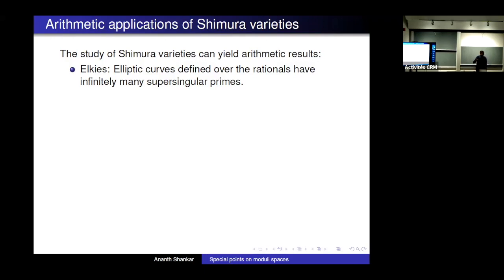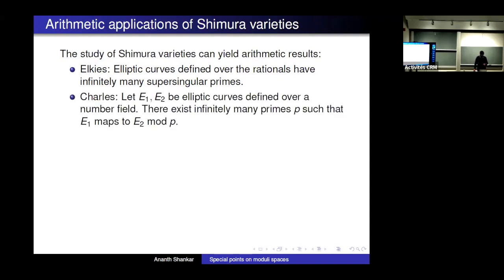Then you get elliptic curves in positive characteristic, and you can ask whether they are ordinary or not. It was known that at most primes you will be ordinary, and it was expected that there are infinitely many primes modulo which it is not ordinary, but it was not known that this set was infinite until Elkies proved his landmark theorem, and he did this by studying the modular curve and special points on the modular curve.